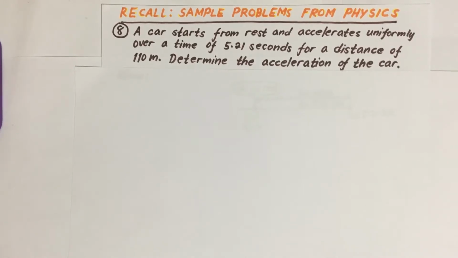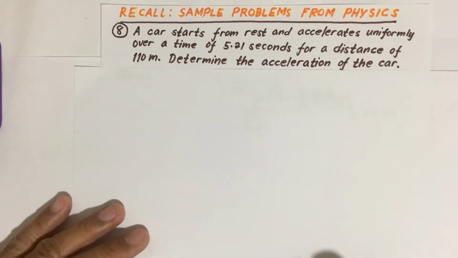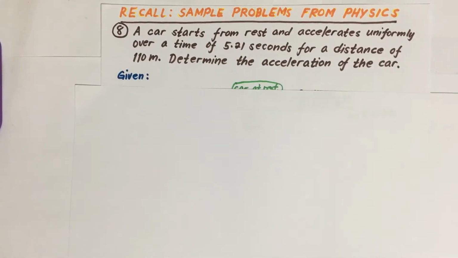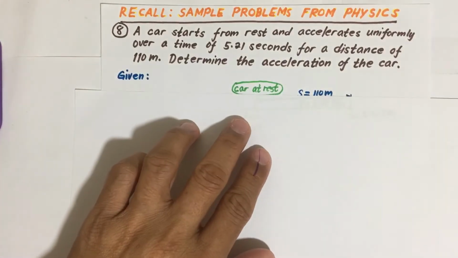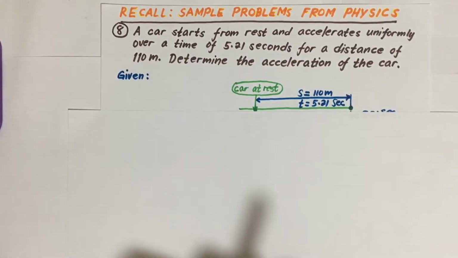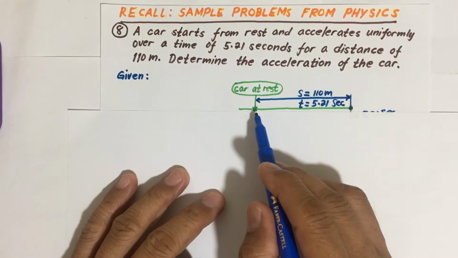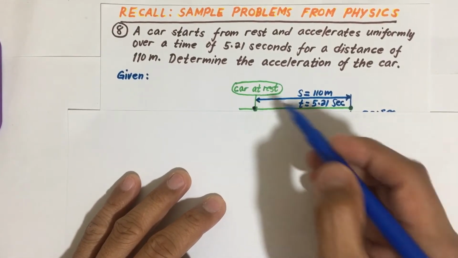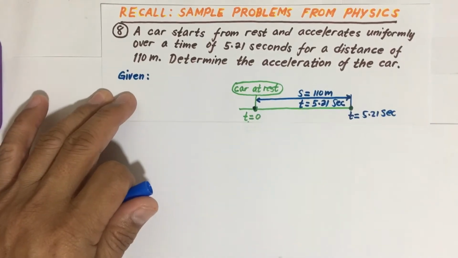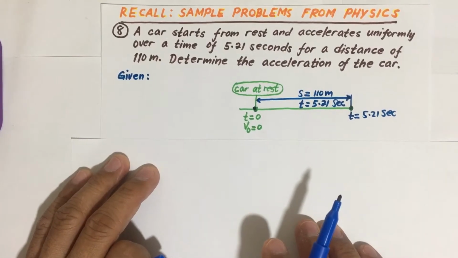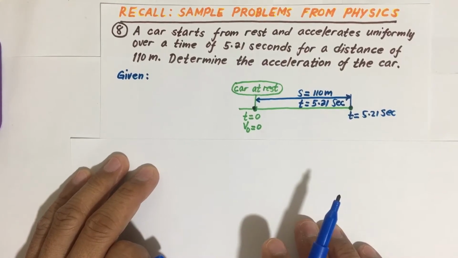Okay, so to help us analyze this problem, class, it's better for us to make some illustration, no? Like this one below. So we have a car at rest. Assuming this is the road, the car is at rest at this point, and accelerates uniformly over a time of 5.21 seconds.